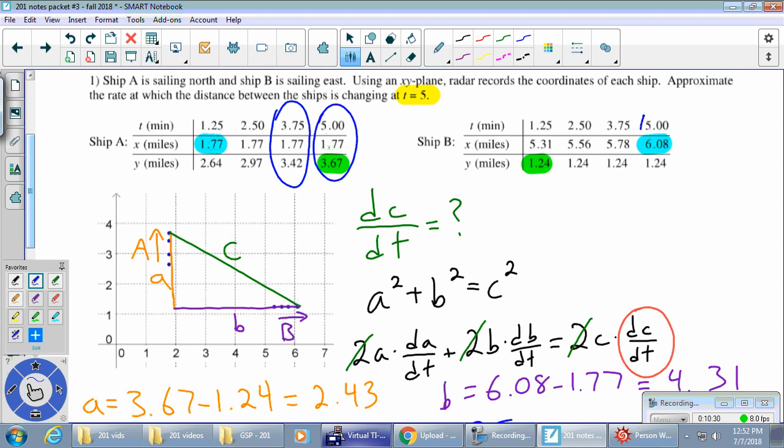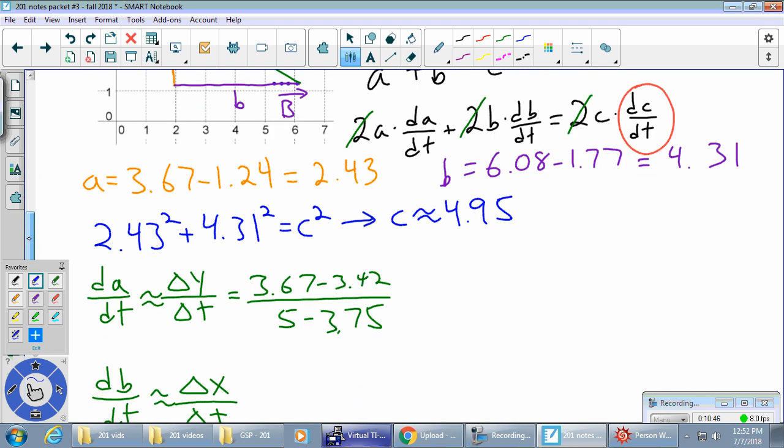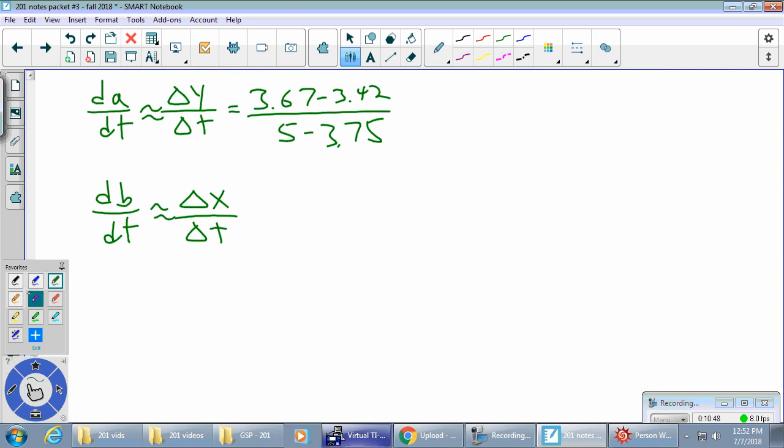Clearly, we're going to use this information when t is 5, and the nearest point that we have is the same 3.75. Again, we can ignore the 1.24s. They aren't changing. So we're just going to do change in x over change in time. So 6.08 minus 5.78, divided by the same 5 minus 3.75.